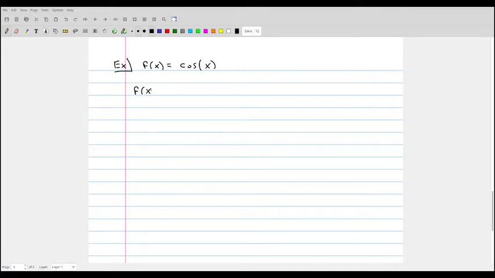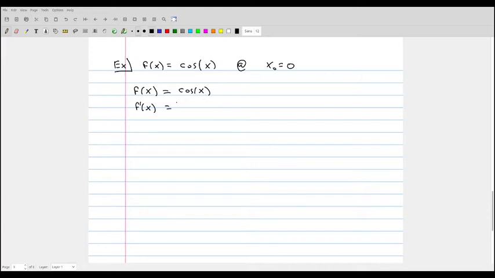So to get the Taylor coefficients, you have to take this function cosine of x and consider what the derivatives of this function are going to be. And we'll do this Taylor series expansion around the point 0 as well. So we'll do the Maclaurin series expansion.